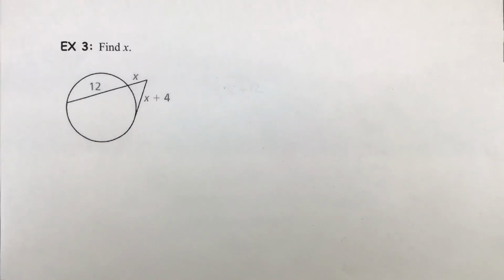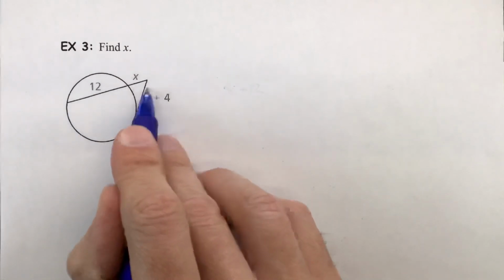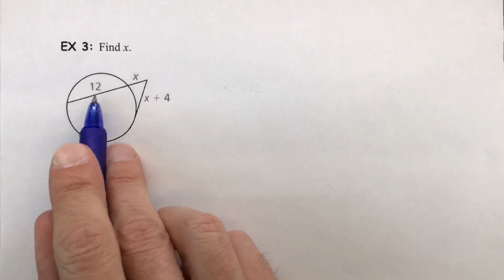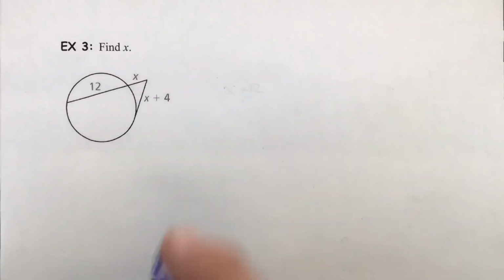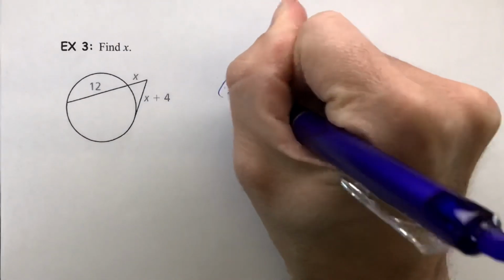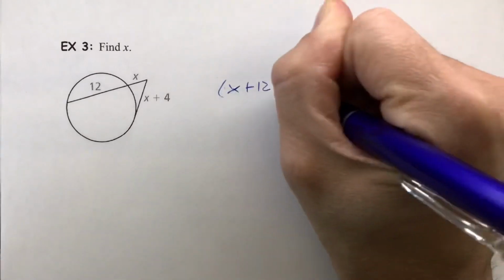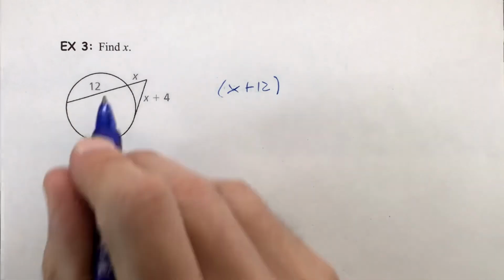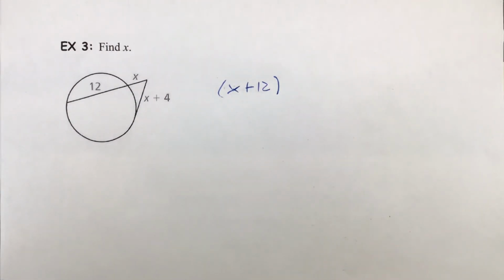For example 3, we're asked again to solve for x. We do have a secant segment and we have a tangent segment. The secant segment, we're going to take the total length, which will be 12 plus x, except I'm going to write that as x plus 12, just because we're used to seeing it that way. We're going to take that total length and multiply it by the outside length, which is x.